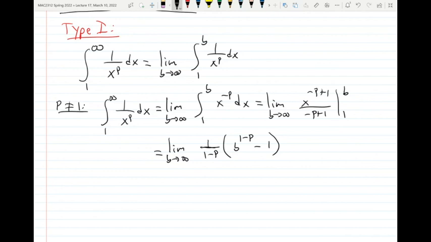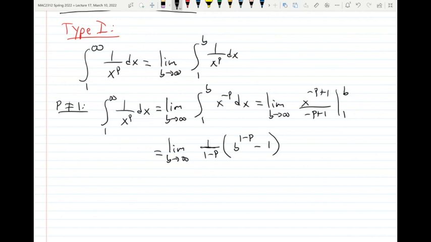We plug in infinity for b, right? Okay. Then what happens? Well, we have infinity to some power, which would still be infinity, right? Well, what is this power?